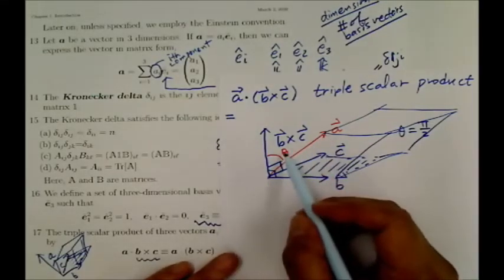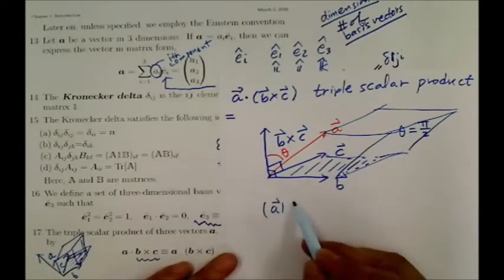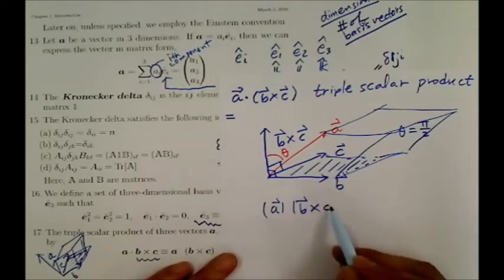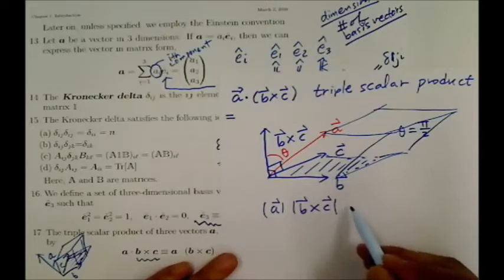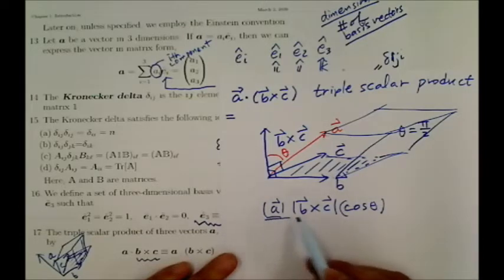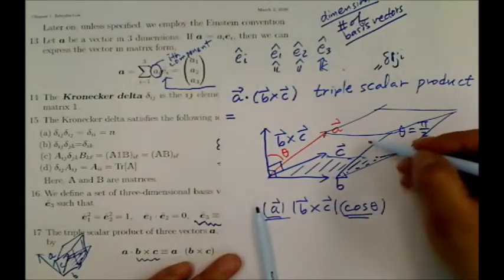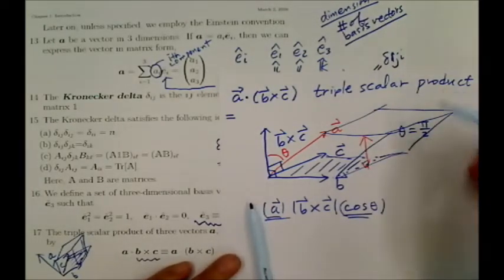This gives the magnitude of A multiplied by the magnitude of B cross C multiplied by cosine theta. And here, A cosine theta is actually the height of the parallelepiped.